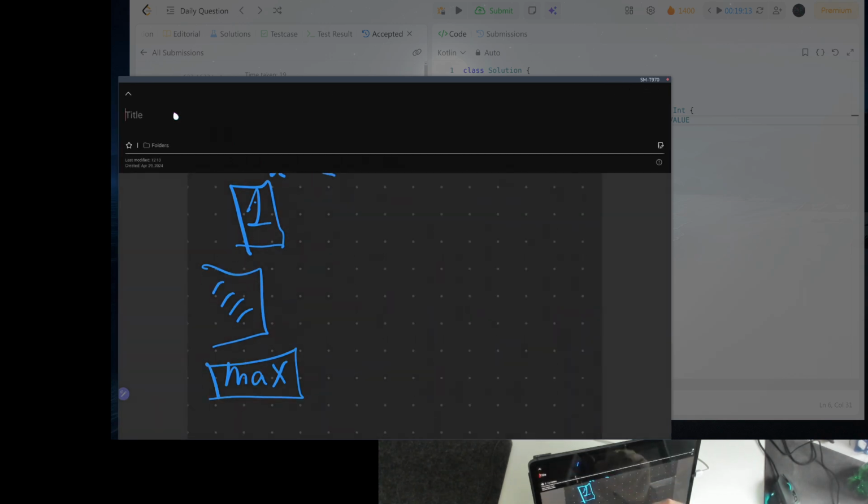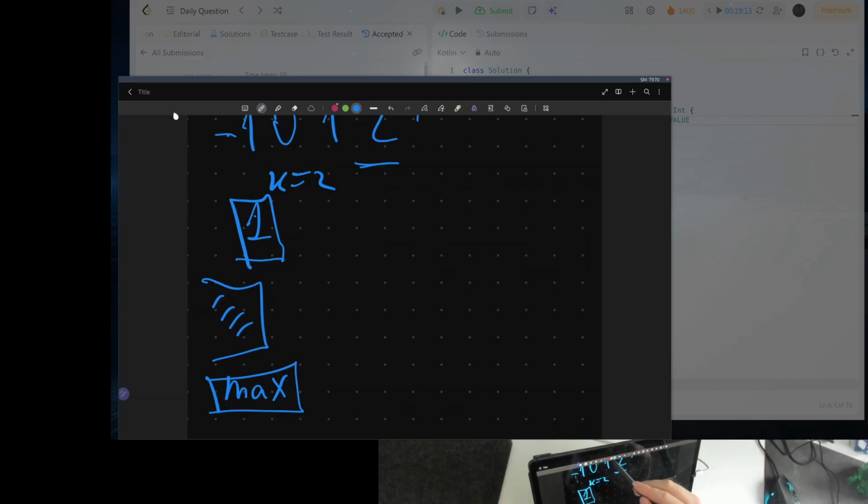And for the current number, we check if it can be used as max plus 1, for example. This is max plus 1.